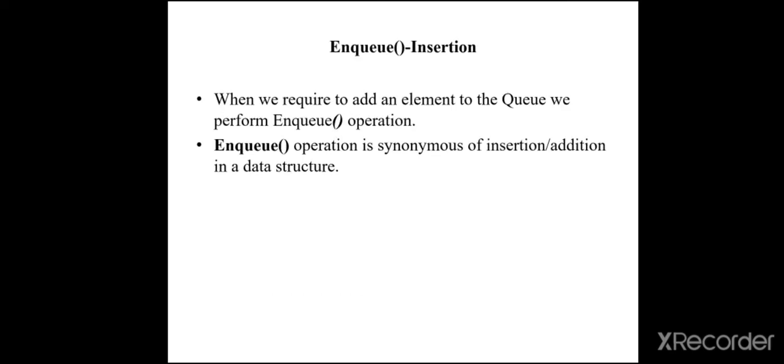Let's see how we can insert an element into the queue and how we can delete an element from the queue using an array. NQ is nothing but insertion of an element. When we require to add an element to the queue, we perform the enqueue operation.